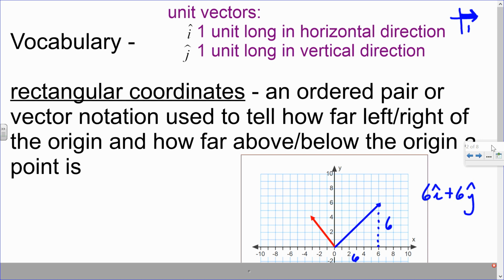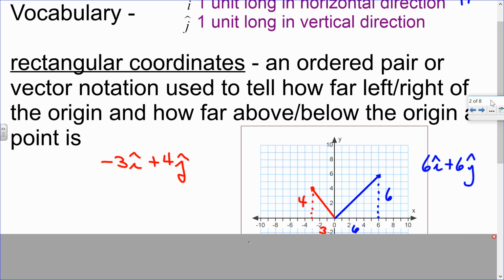For the red one, let's imagine that it really does end exactly on that lattice point, so that we are going 3 to the left and then 4 up. That one would have been minus 3 i hat plus 4 j hat. The minus saying that we went to the left instead of to the right to start that one. So far, so good. Rectangular means you are going across and then you're going up and down. So you're drawing 2 sides of a rectangle to get there. That's why it's called rectangular coordinates.